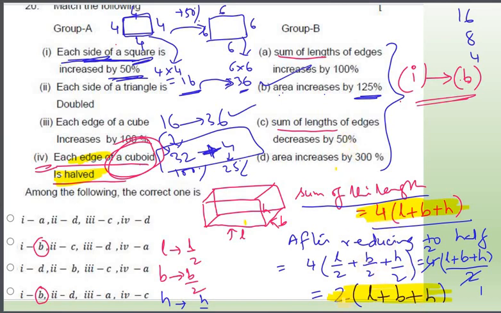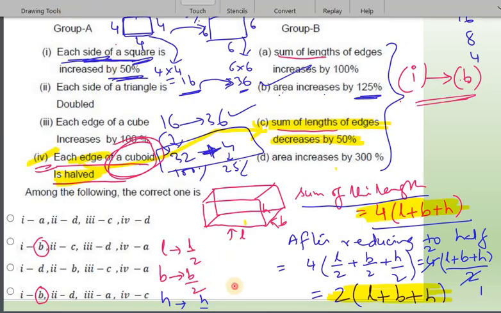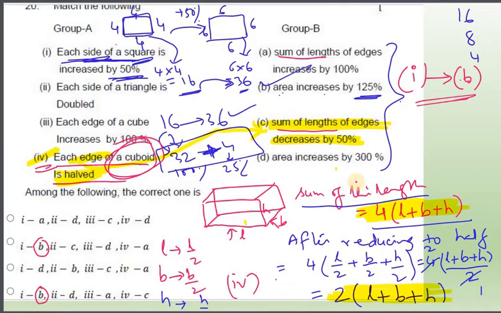Before it is 4, now it is 2, which means half. So the correct answer for the fourth one is that the sum of the lengths of the edges is decreased by 50%. So for the fourth one, we get C. The fourth one correct answer is C.